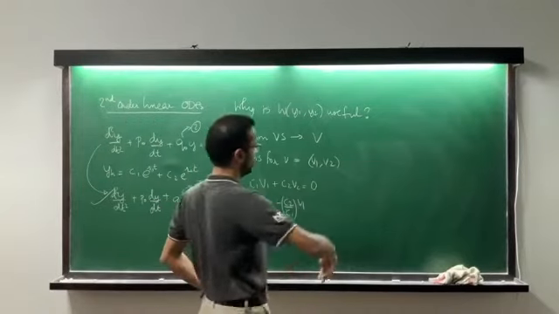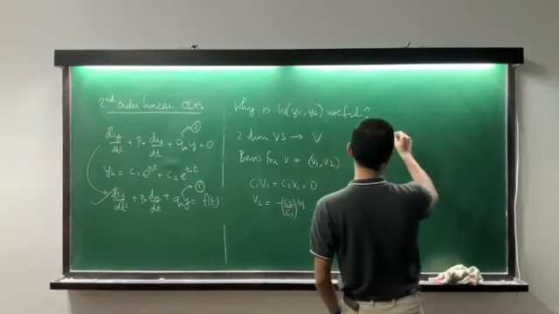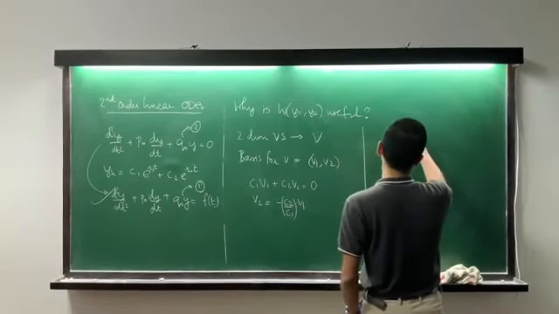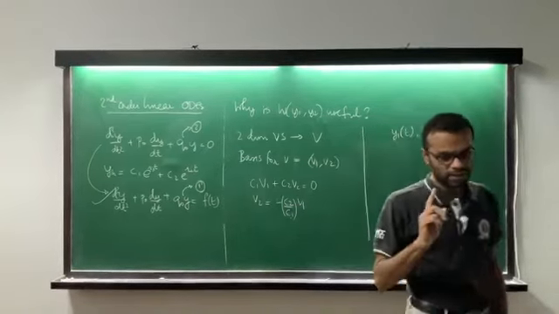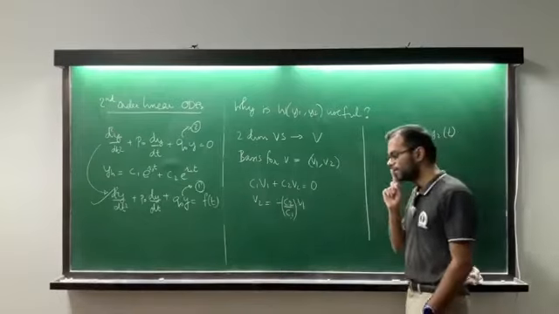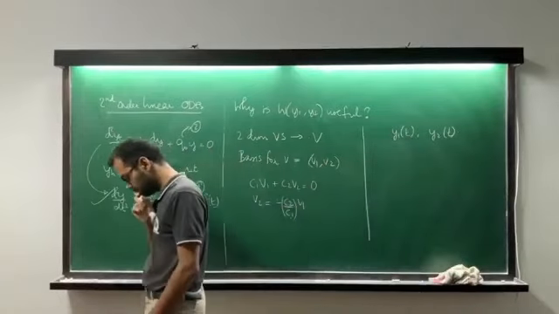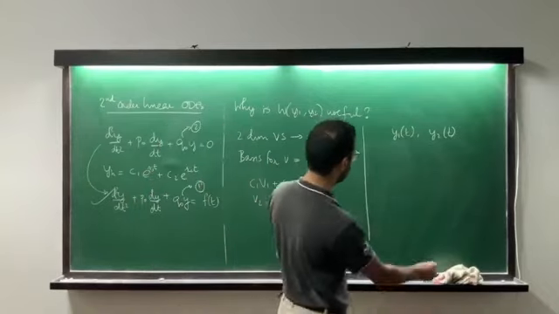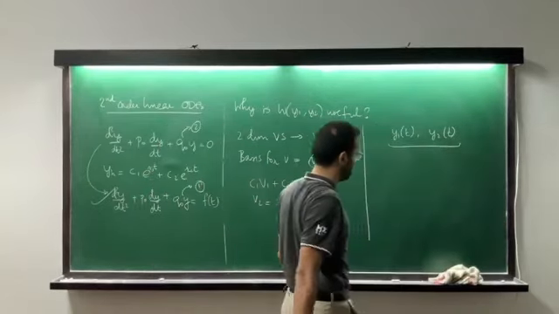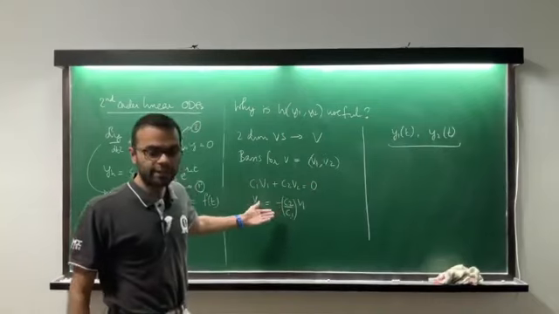Now, if you extend this idea to functions, what do you have? Let's say I have y1 of t, y2 of t. Okay, there are two functions, and I ask the question, under what conditions are these two functions linearly independent? You can do the same thing that we did here.